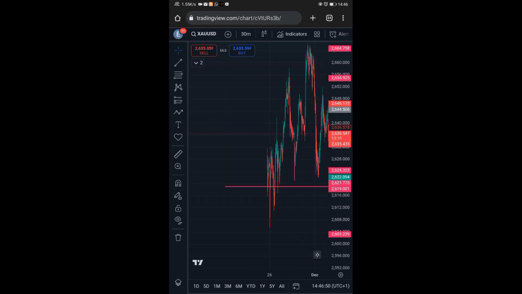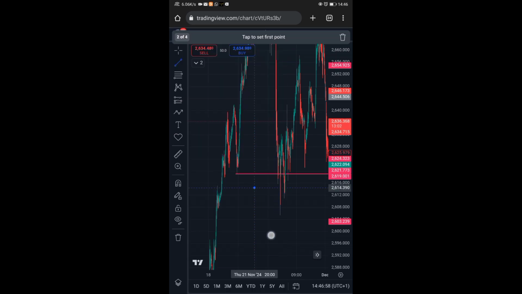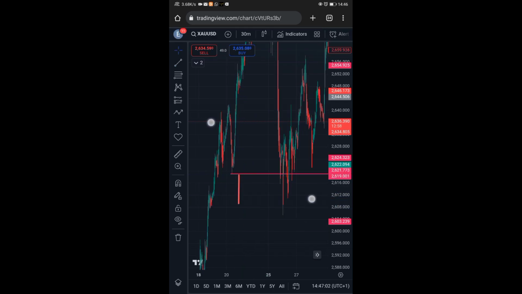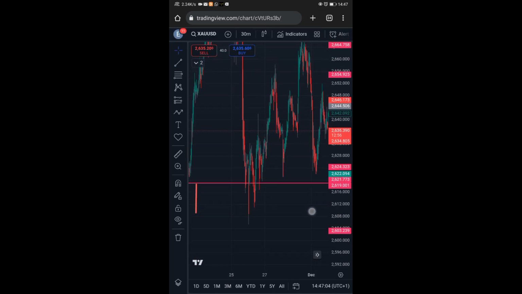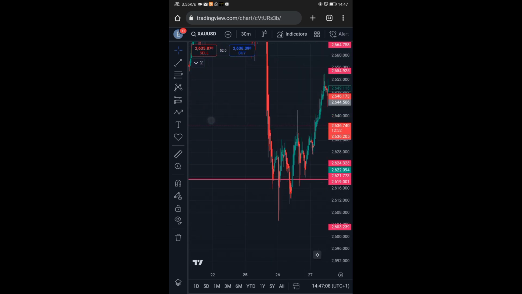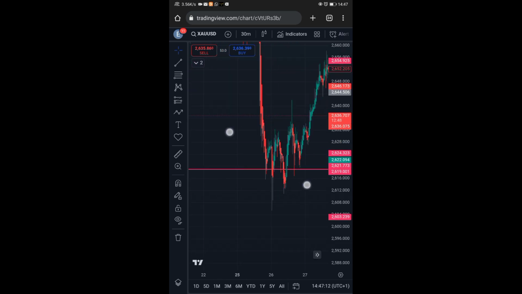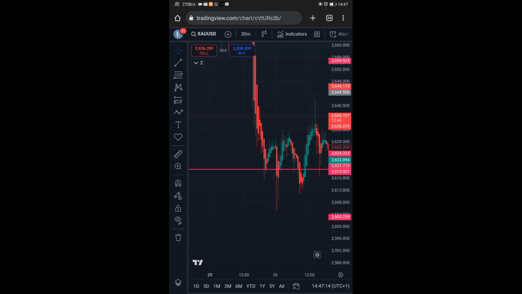On my H1, you can see here was the low. The market grabbed that low, and once the market grabbed that low, note you don't want any candle to close below that low on your H4.